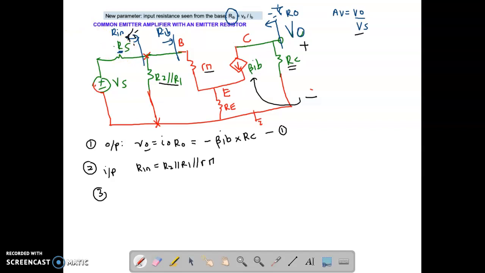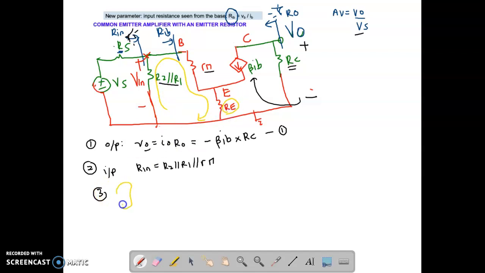That's why you need to add what we call V in, plus and minus. At your V in, this voltage drop will not be the same as the voltage drop here. So in type 2, you need to write a KVL equation across this loop because we have RE inside.